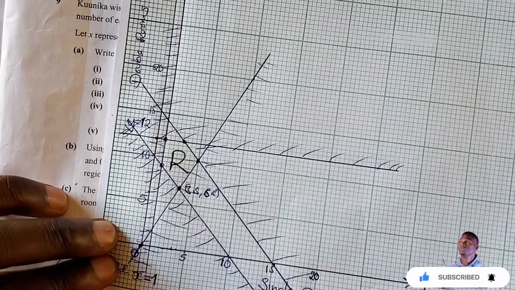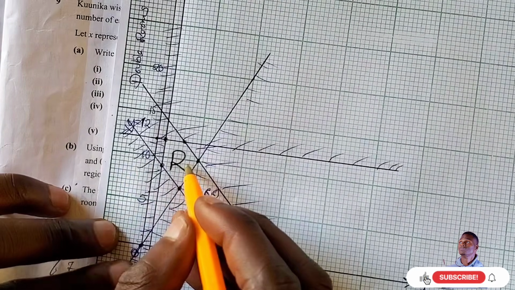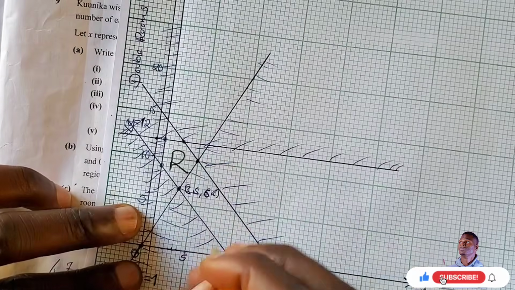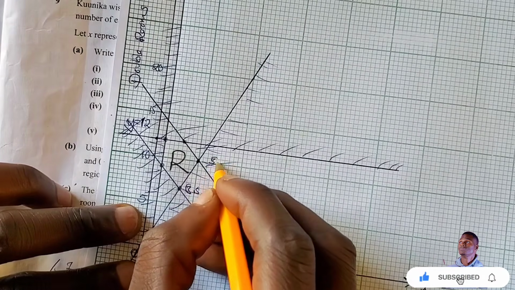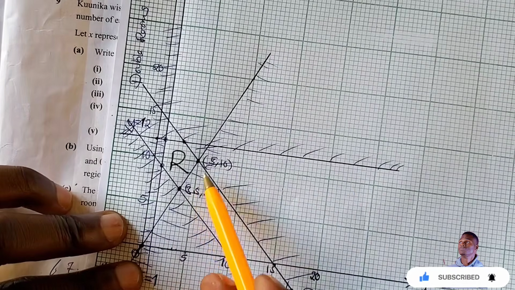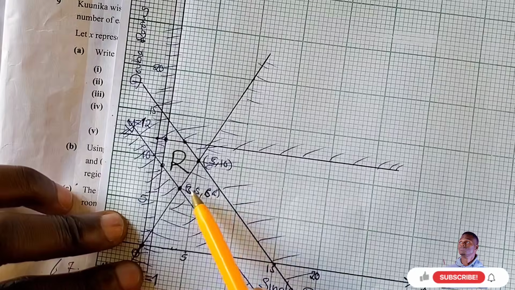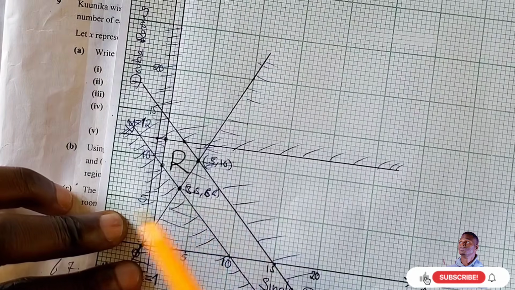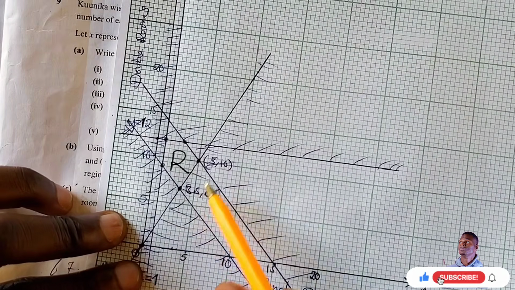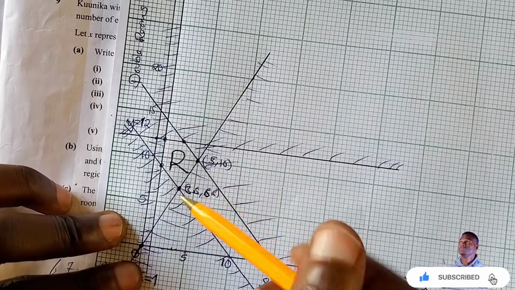This is 5,10: x is 5 and y is 10. The other is 3,5. So you can't use this one. Automatically you know that between these two, this is greater than this. So let's try this.